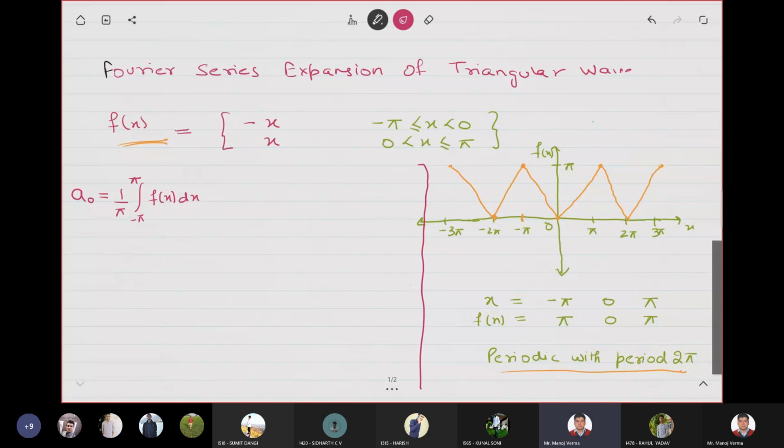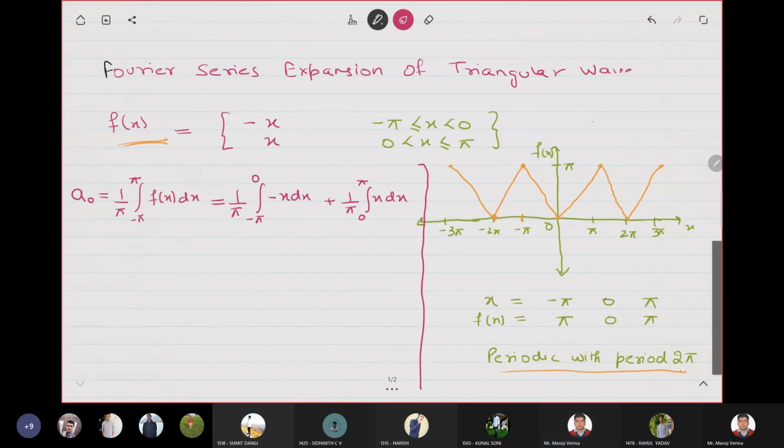If I change the integral into two components, this will be 1 over pi from minus pi to 0 of minus x dx, plus 1 over pi from 0 to pi of x dx.